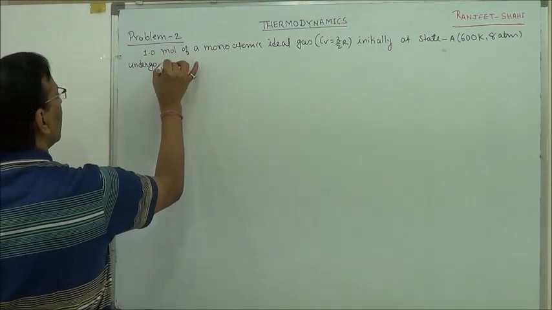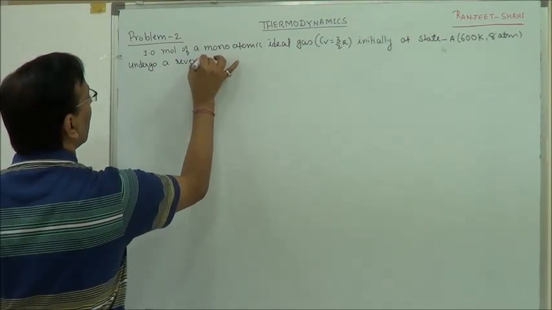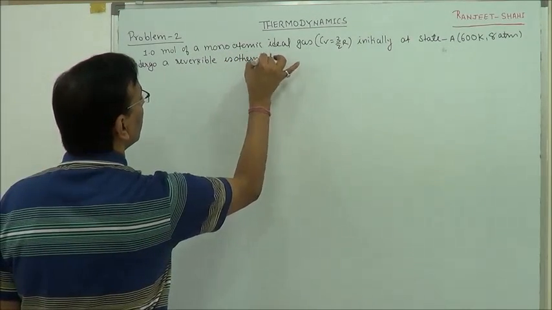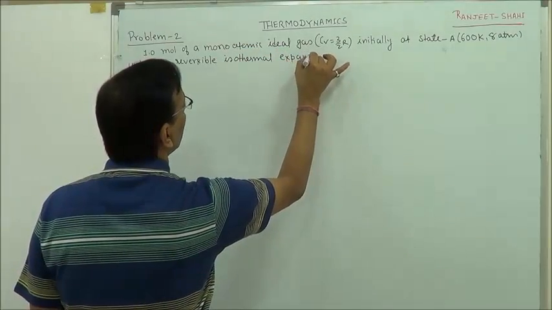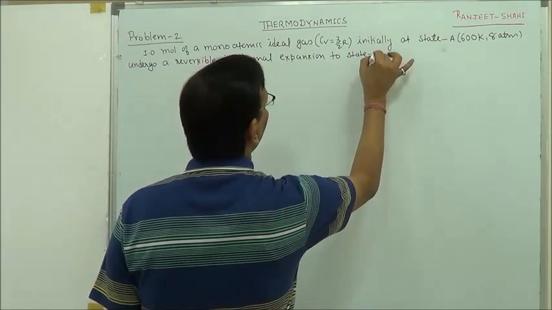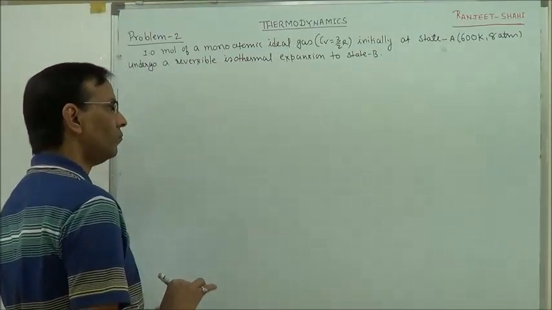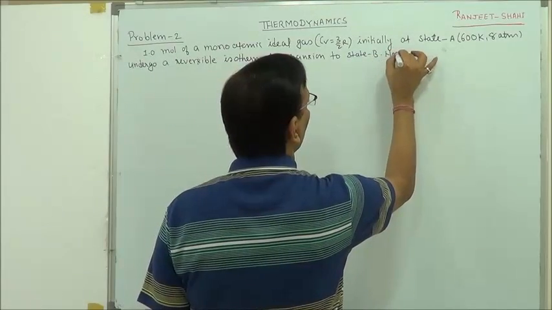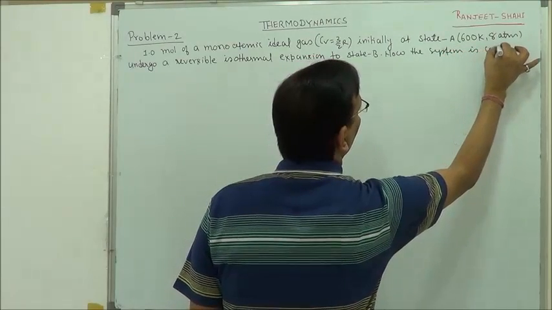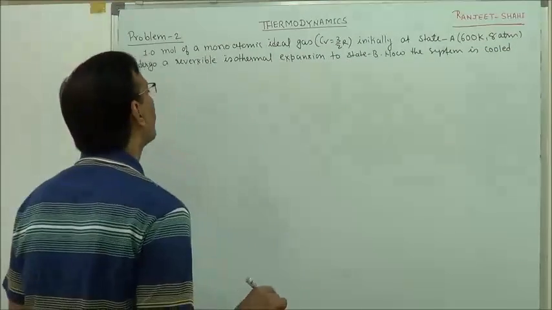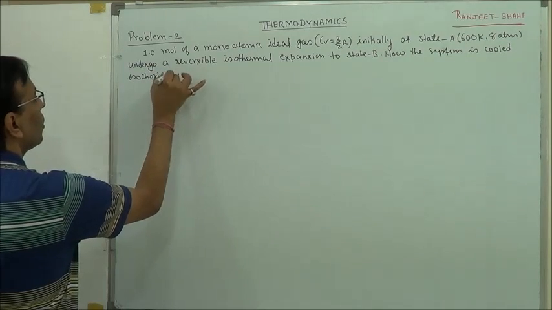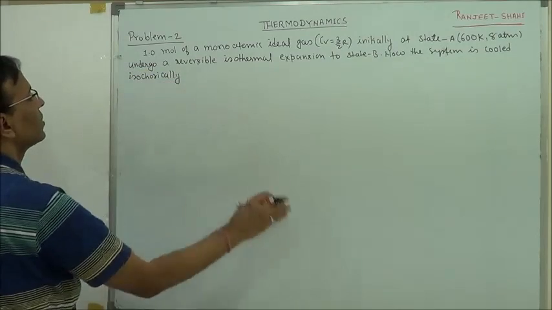Undergoes a reversible isothermal expansion to state B. Now the system is cooled isochorically, meaning constant volume.